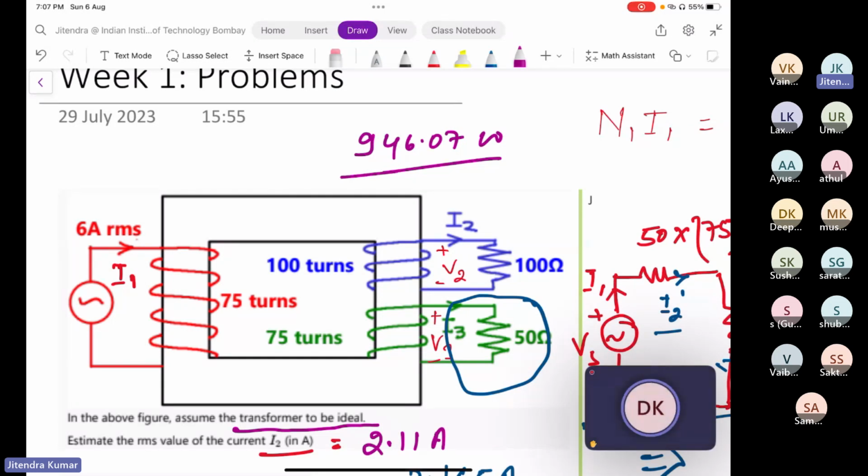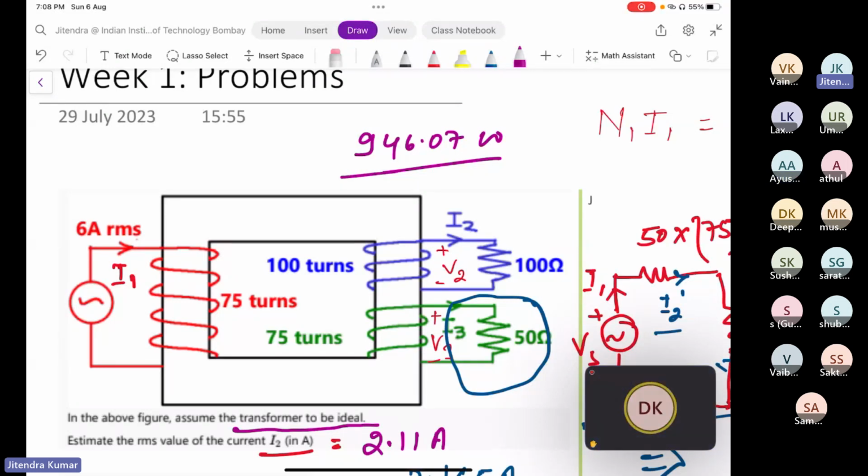So whatever the value of I3 and I2, the voltage cannot be the same, right? Voltage per turn should be the same, because if you calculate voltage per turn on the primary side, that will be the same as the secondary of both windings.